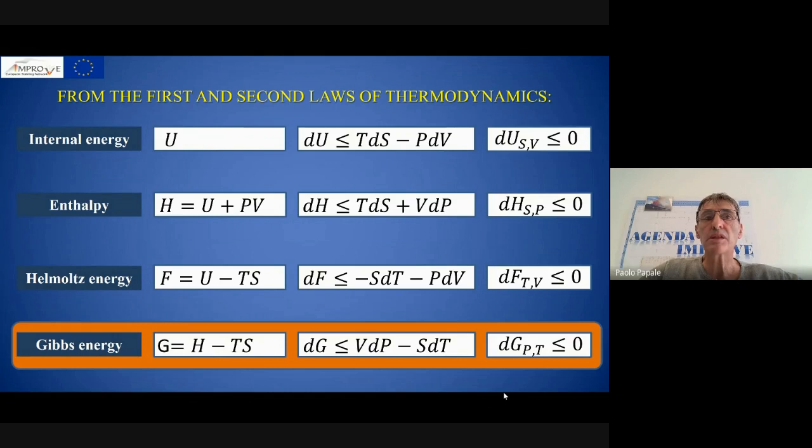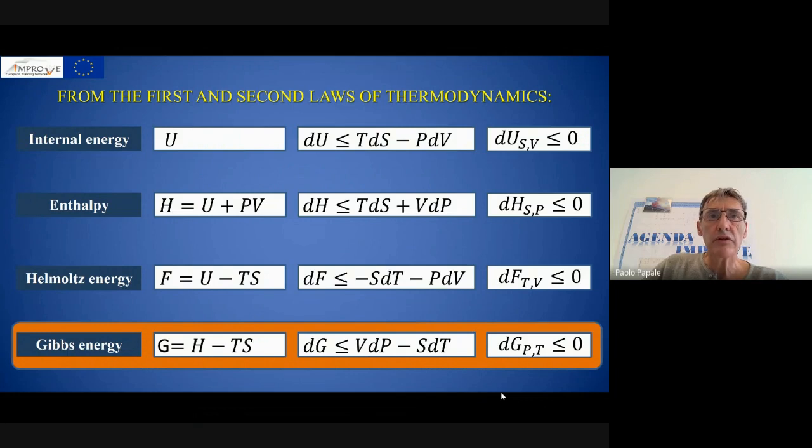Among them, Gibbs energy is particularly convenient, just because it refers to processes that occur at constant pressure and temperature, and that corresponds to our experience. It is the usual way we approach physical problems and perform experiments in the lab. We are used to thinking of processes which occur at a given pressure and temperature. And in that case, it will be minimization of the Gibbs energy which provides the criterion for equilibrium.